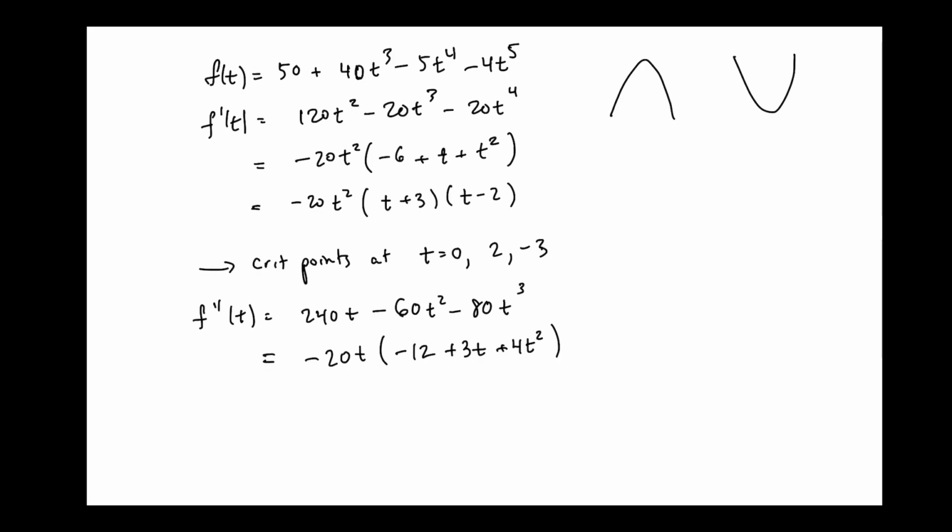Okay, so I just need to plug these things in. Let's do f double prime of 0. Well, that one we get 0. That's easy because of the t out front. So we got 0, great. That means that the point t equals 0 is neither a max nor a min.